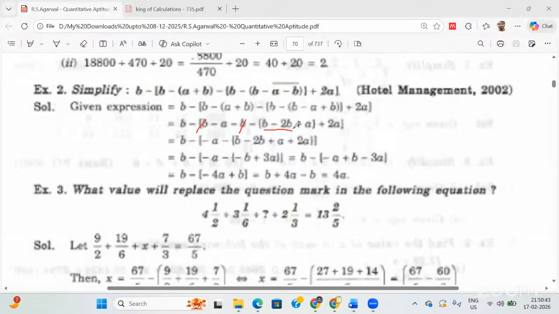They consider this part first. They consider this along with this item. Okay, they include 2a. This is not relevant here. Okay, then minus a and plus b. It becomes minus a plus b. Done. Minus a plus b.